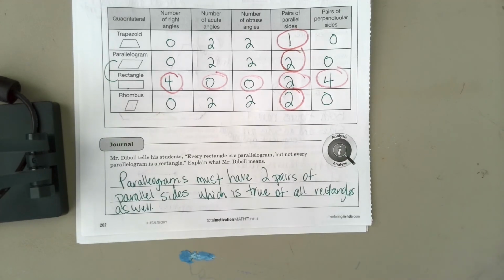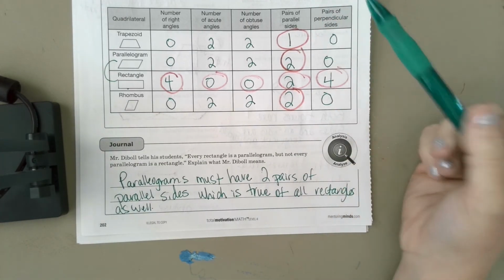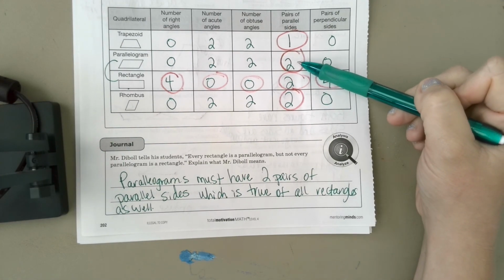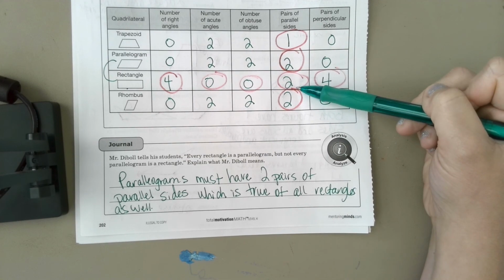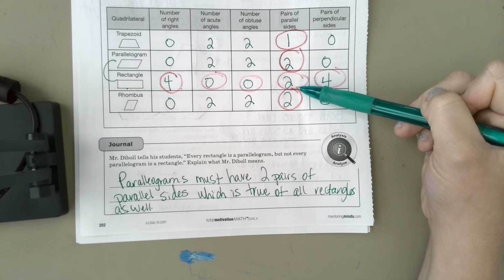Okay, so let's think about what that sentence means. Parallelograms, the only thing that they have to have is two pairs of parallel sides. That is true for rectangles as well. Okay?